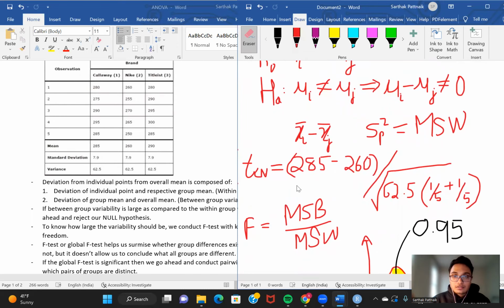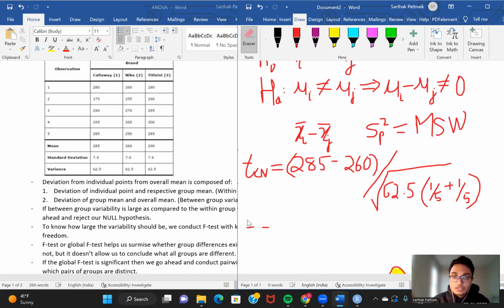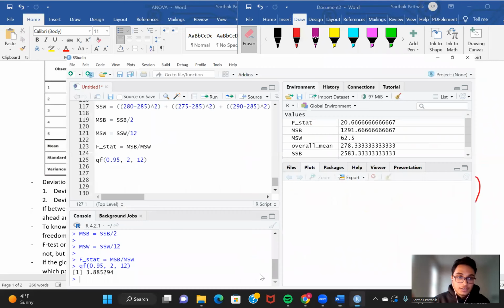Now, if you look at the denominator carefully, it is going to be the same for all three calculations of the t value. So let us calculate the value of this denominator first.